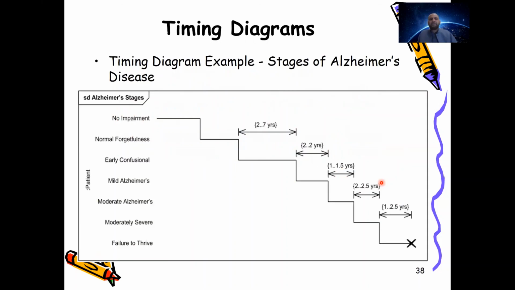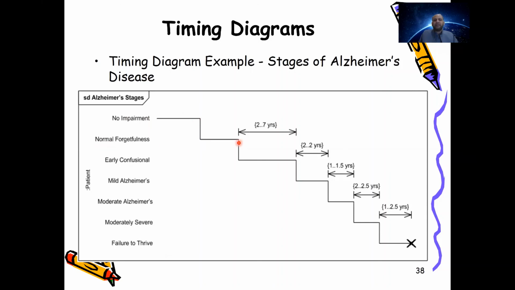Let's see the example. Here, timing diagram example, stages of Alzheimer's disease. If you can see, as you are moving towards the right on the x-axis, there is time, and on the y-axis there are different categories. So we start from no impairment, then normal forgetfulness.